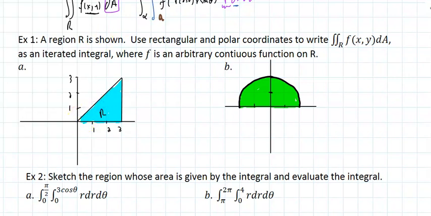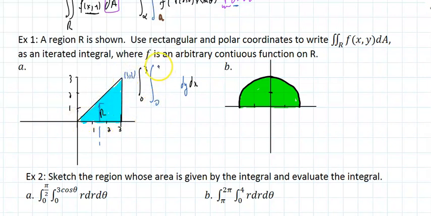Here we go. So if I want to use rectangular and polar coordinates to find that integral, I would really go for rectangular coordinates if it was up to me. So I would say x runs from 0 to 3, and y would run from 0 to that line, since that's 3, 3.